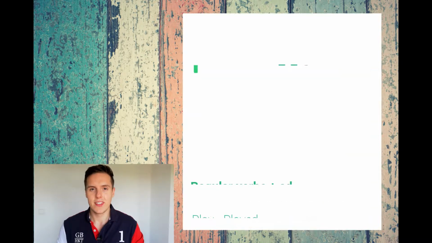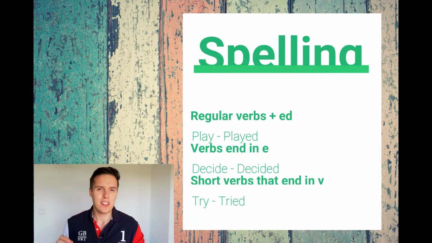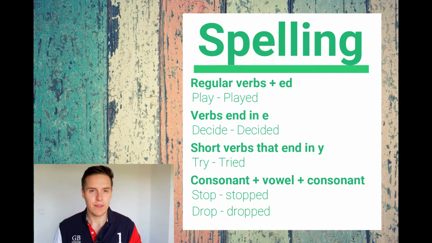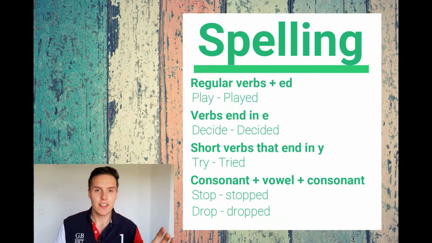So let's have a look at the spelling because this is really important and I often see lots of mistakes made with this. So with regular verbs, all we need to do is add ed to the end of the word. For example, play, played. Just add ed.